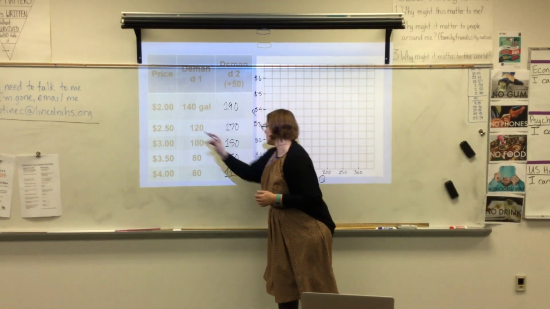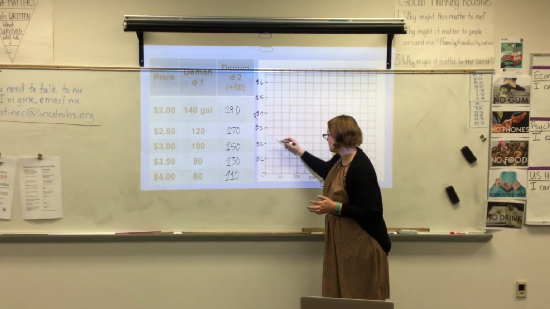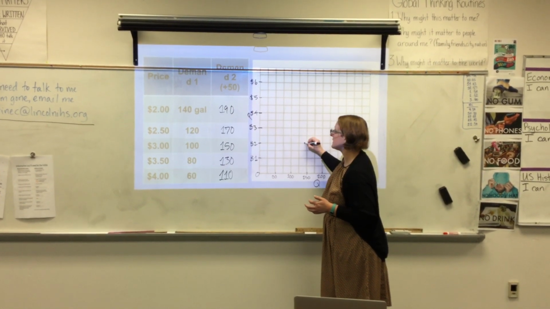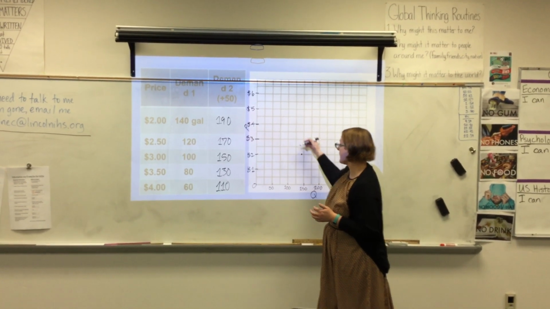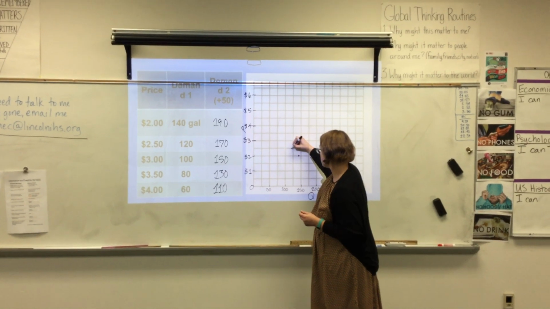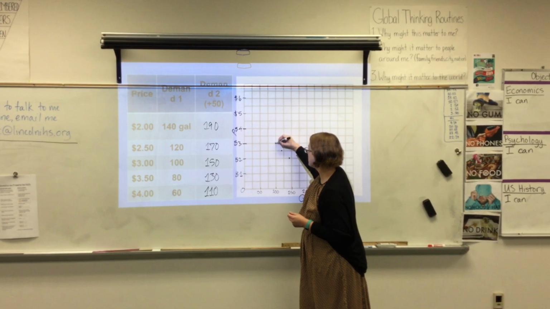All right, so I'm going to draw my first line. So at $2, right here, my first demand was 140 gallons. So I'm going to be right about here. At $2.50, my demand was 120 gallons. It went down. So I'm right about here. At $3, my demand is 100.